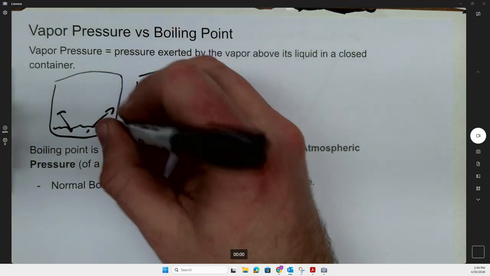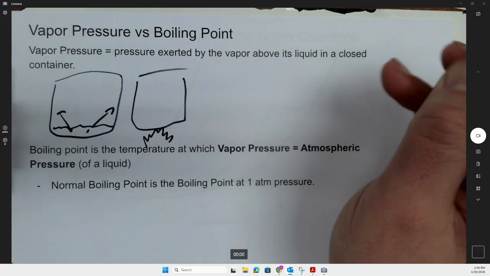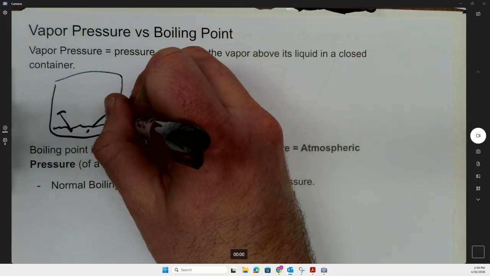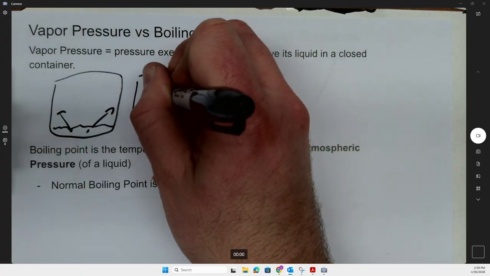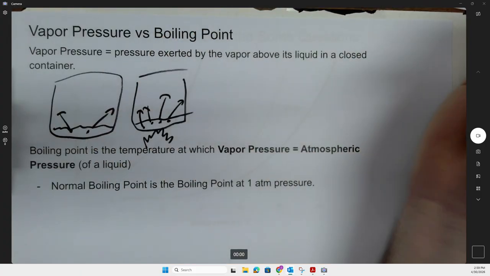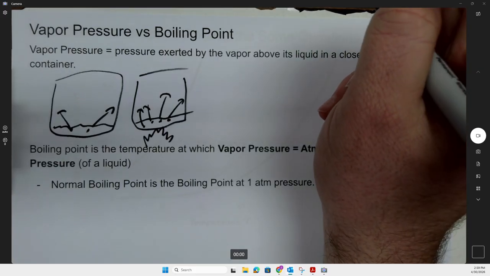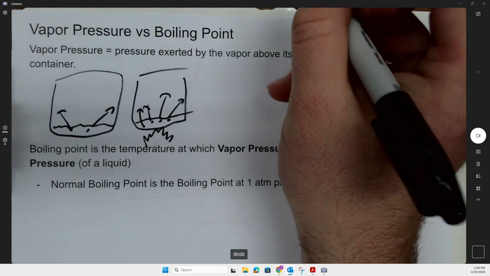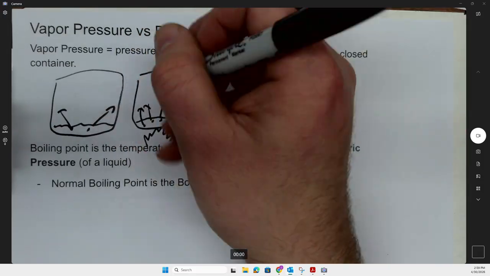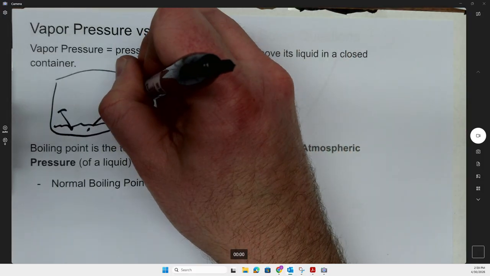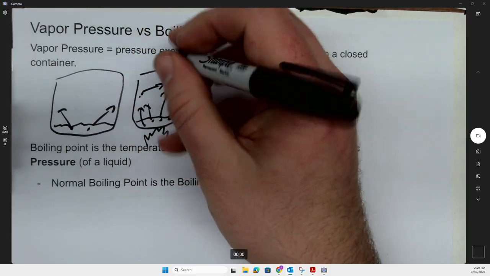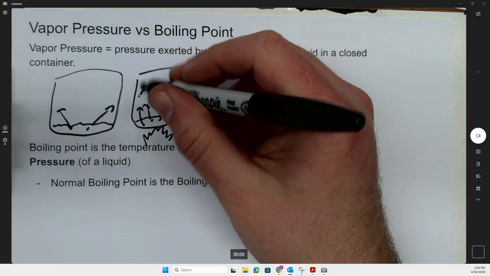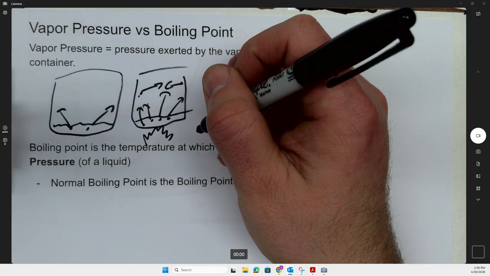When I introduced heat to my water, I am pushing more water out of the liquid phase into the gas phase. The water vapor then bounces off the container walls and back in, increasing the pressure in the space above the can.